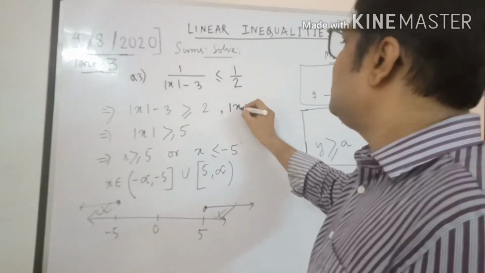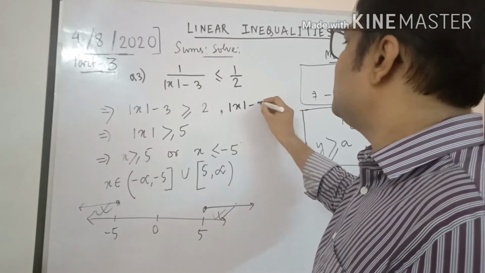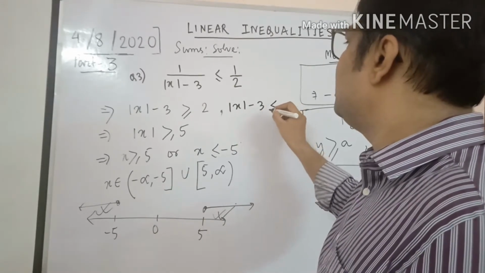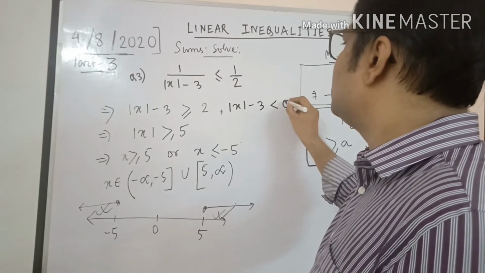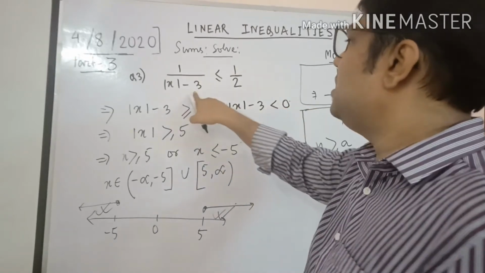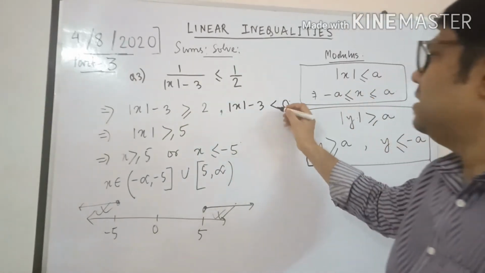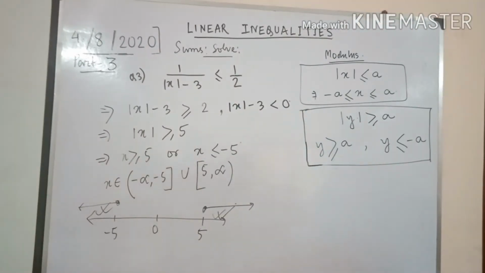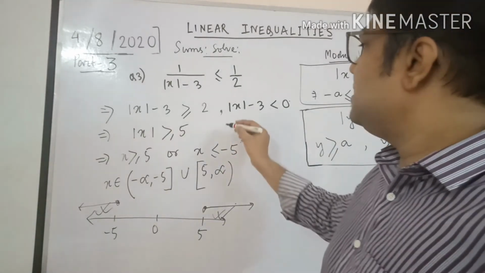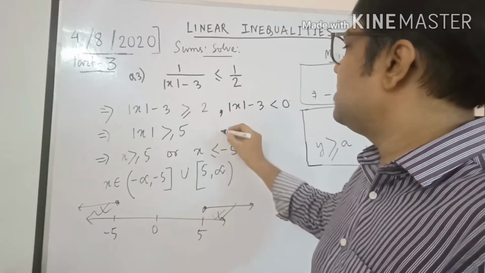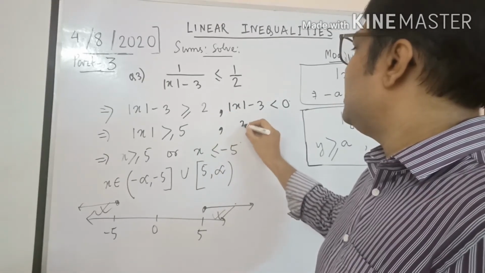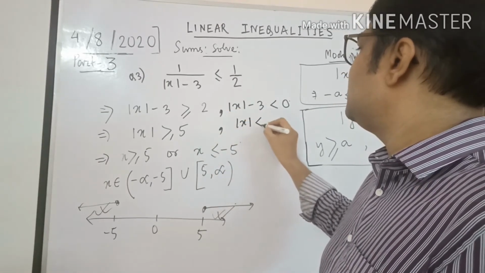So why it could be negative, I tell you. It could be negative also, but not equal to 3. That's why I have not written the equal to sign. Why could it be negative? Because if you put some numbers, so this is another clause. So mod x I'll first do and then I'll explain.